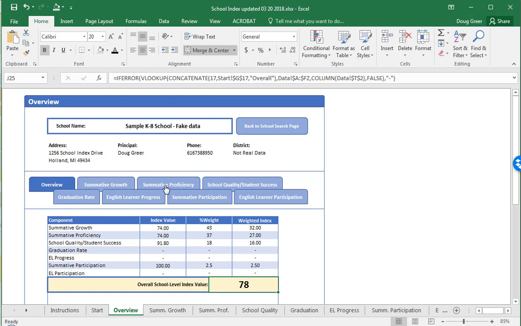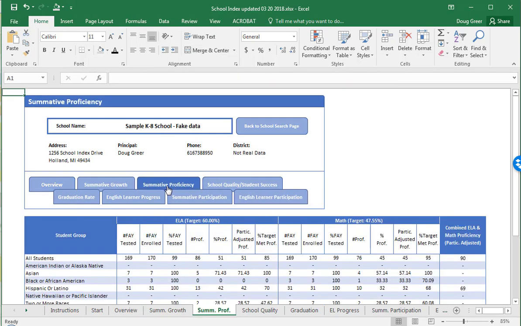But what we want to dive into is this summative proficiency, and you'll see, as we covered on the previous 2 slides, that the ELA target is 60% and the math target is 47.55%. And of course 75% of schools are not going to meet these targets.